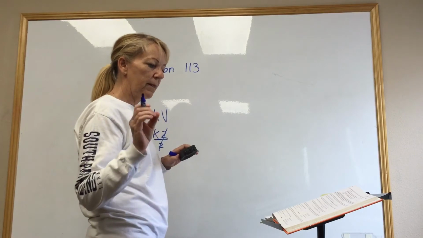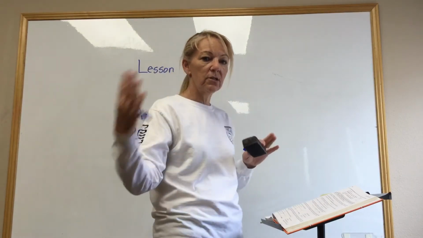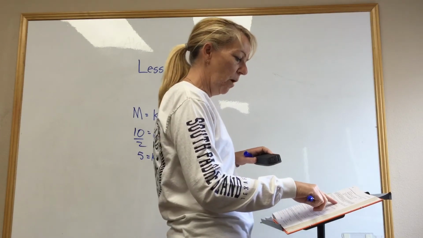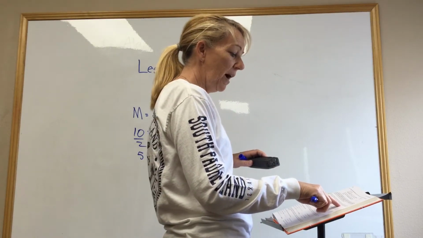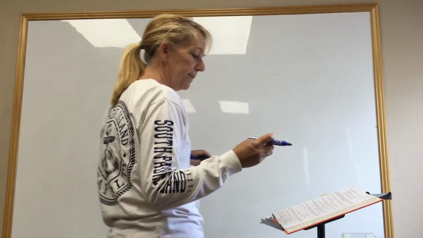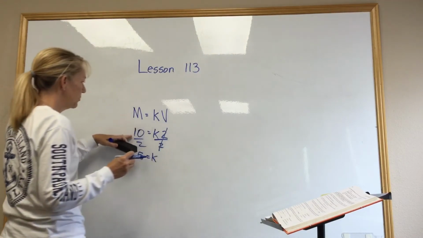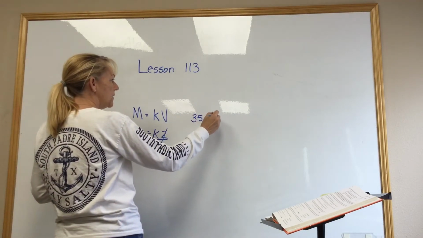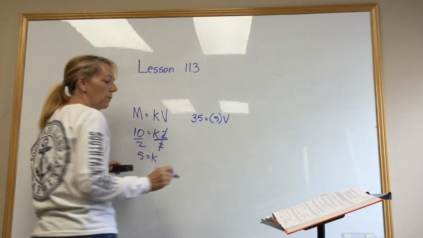And so with that in mind, it goes on. See, this is a 2-part problem. They all will be 2-part problems. What will be the volume of 35 kilograms of the substance? So now if the mass was changed to 35, and we know our constant is 5, they want to know what the volume is.